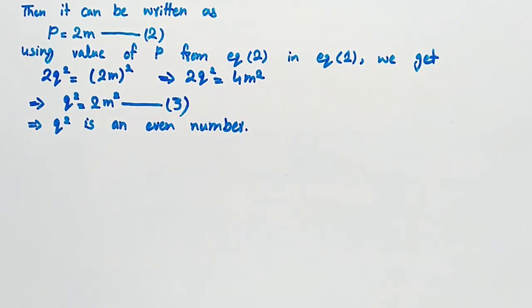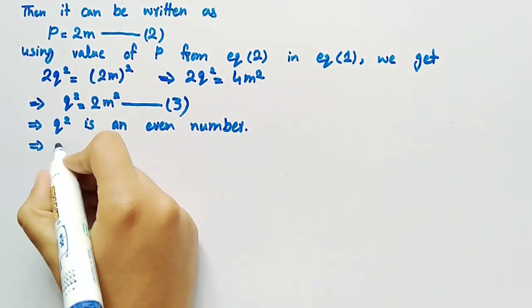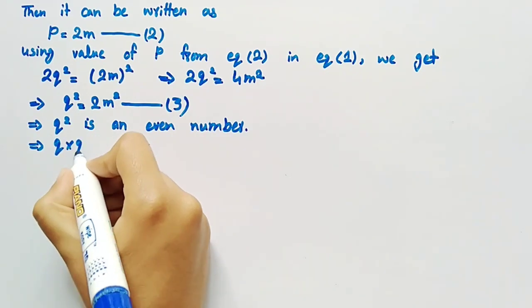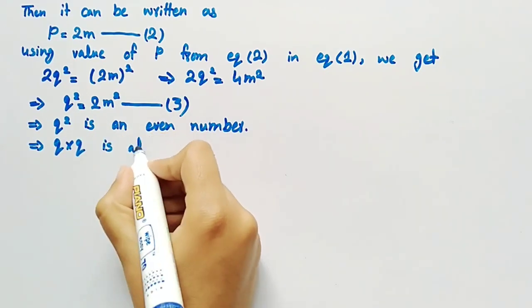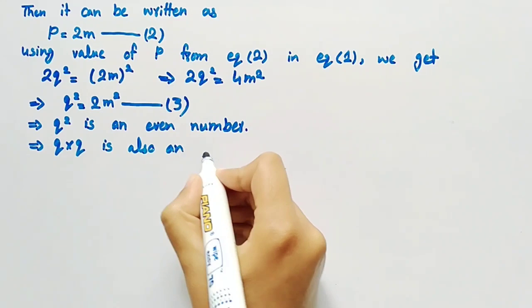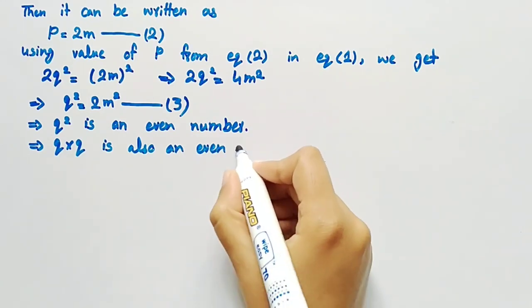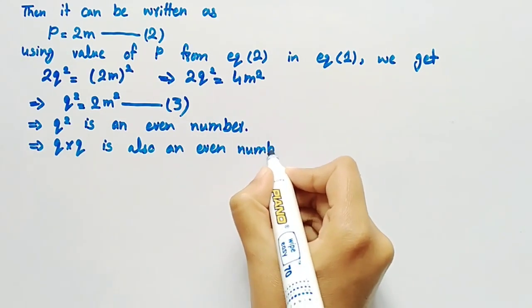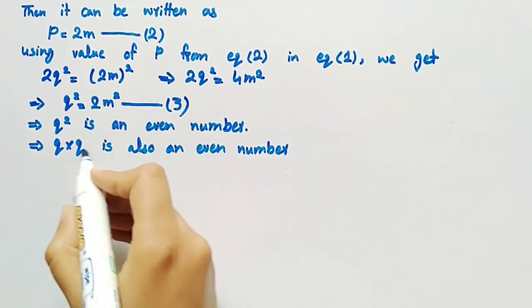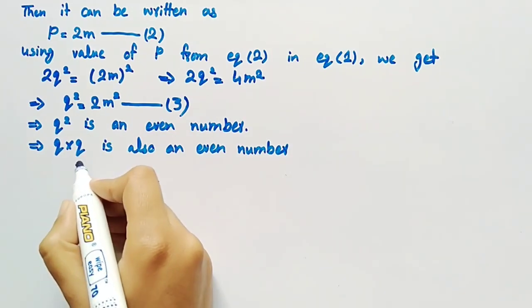From here we can also write that q multiplied by q is also an even number, since q square can be written as q multiplied by q.